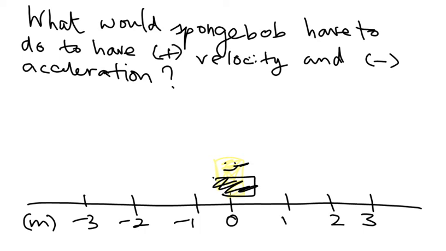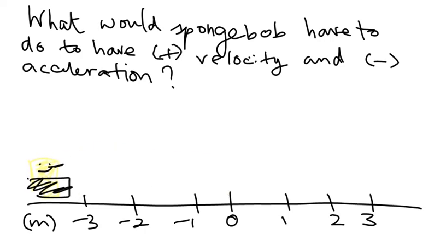Okay, so now that you've gone ahead and written down your answer, to have a positive velocity, all we need SpongeBob to be doing is we need him to be moving to the right. Okay, so this whole time he has a positive velocity. Now he has a negative velocity, now he has a positive velocity.